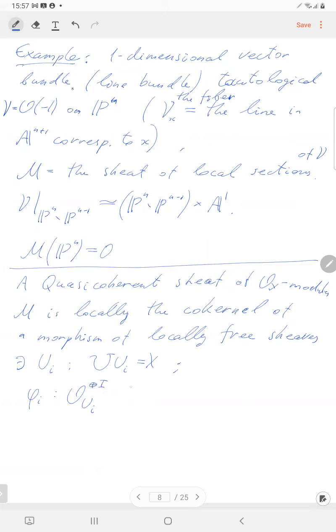It's not necessarily finite. If it's finite, the sheaf will be called coherent, and these are just quasi-coherent. So they may have infinitely many generators and relations, such that the restriction of our sheaf M to U_i is the cokernel of phi_i.